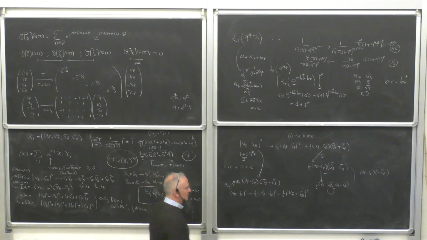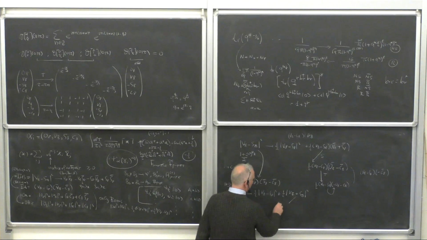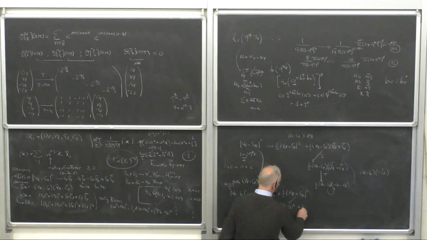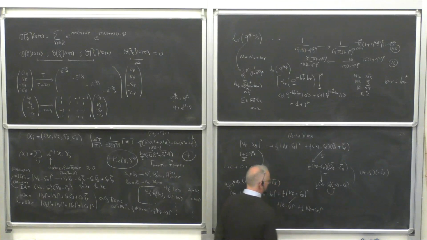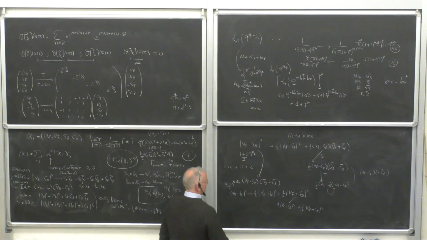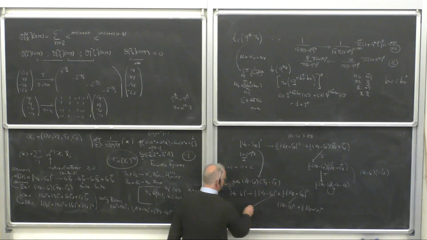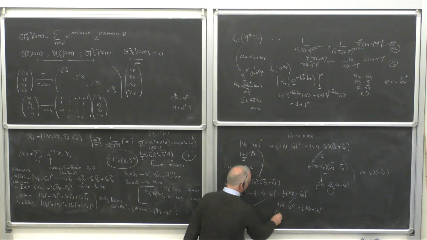Now I do an S transformation, and this thing becomes 1/2 of |O8 minus C8| squared. Then I do a T transformation, and this becomes |O8 plus C8| squared. If you sum the first two, you get simply |V8| squared plus |S8| squared. And if you sum the other two, you get |O8| squared plus |C8| squared.